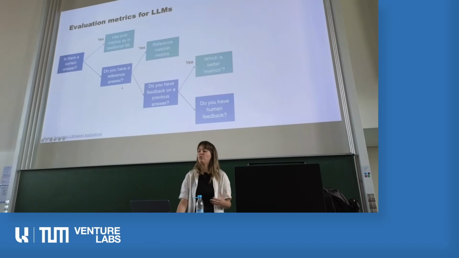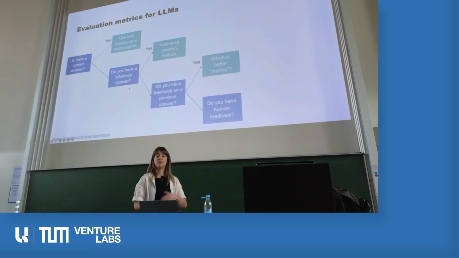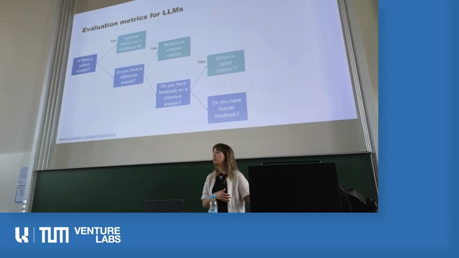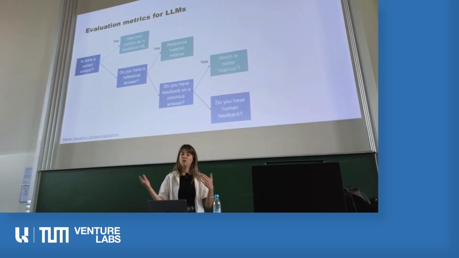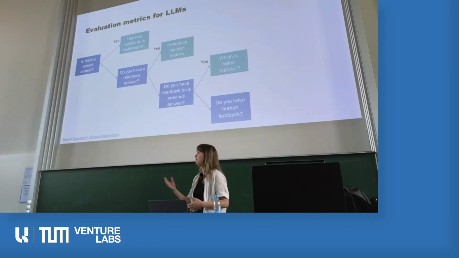If not, then do you have a reference answer? As I mentioned before, you have these generated marketing campaigns. You have a whole data set with your previous marketing campaigns generated by people. You want to see how you can check that, and you can do that, for example, with semantic similarity and so on.